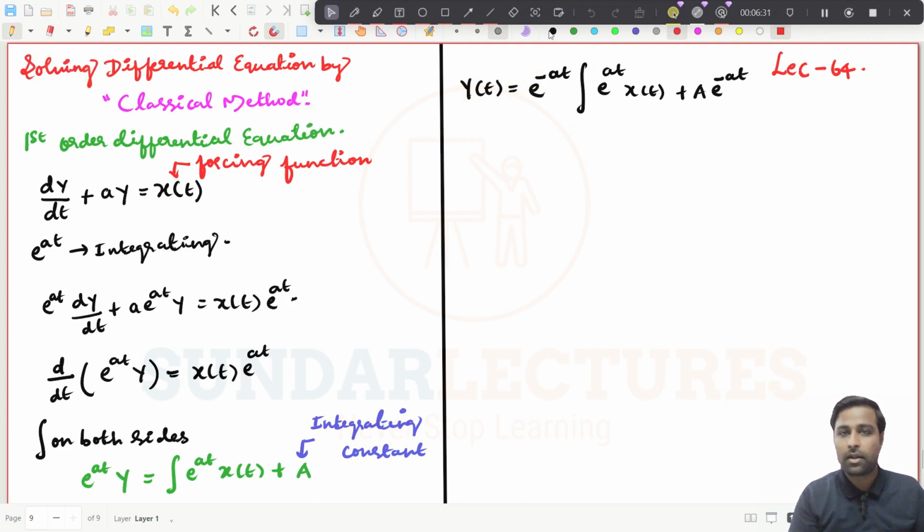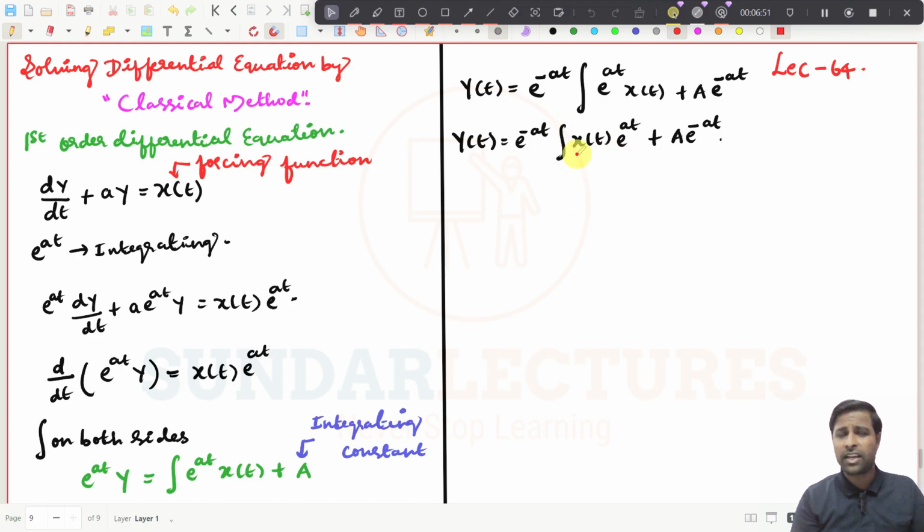So, y of t is equal to e power minus at, and integration of x of t e power at, plus this one is already there, e power minus at. Now you see, I'm going to integrate these two by parts.